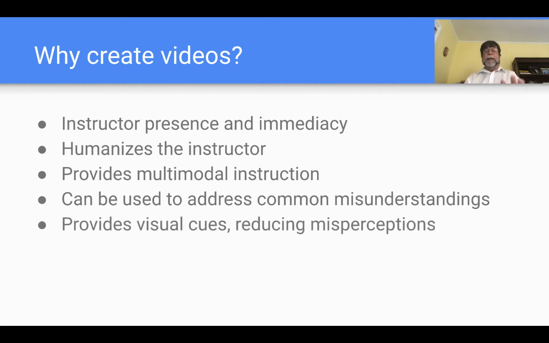And also, if you're recording your facial expressions and they're hearing your voice, they're getting some visual cues and some audio cues that tell them a little bit more about what you're saying. One of the things we know from quite a bit of research is that when anybody reads things in text, they're more likely to misinterpret things in a negative direction, taking things as being a negative comment that wasn't intended in that way.